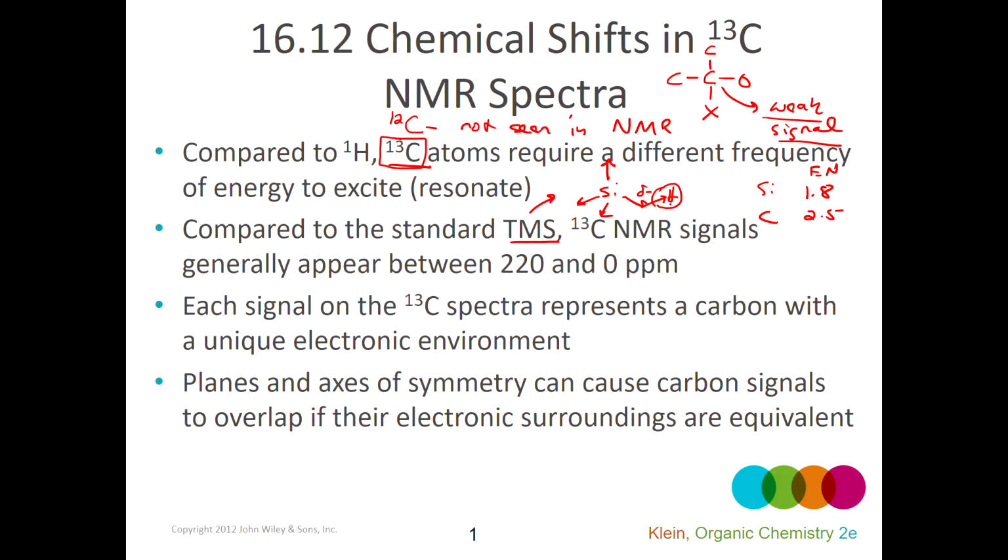So that's why the TMS in the proton NMR is set to 0. There aren't many hydrogens that are going to be more shielded than this.